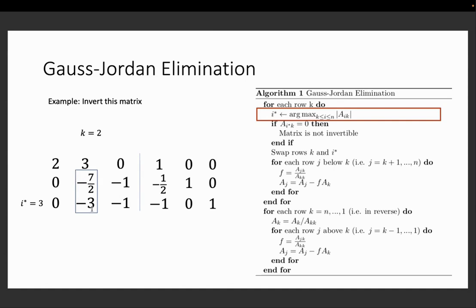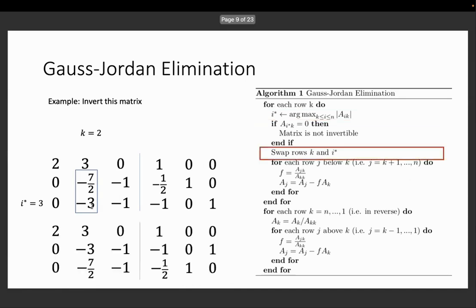But I don't think that this mistake changed the final result. But so if we just consider that in this system the I star is equal to 3, and then I star is 3, and so A 3 2 is not equal to 0, so we cannot conclude that the matrix is not invertible.